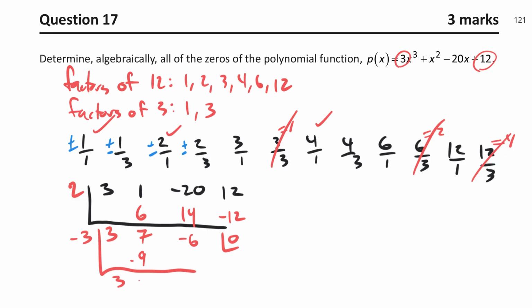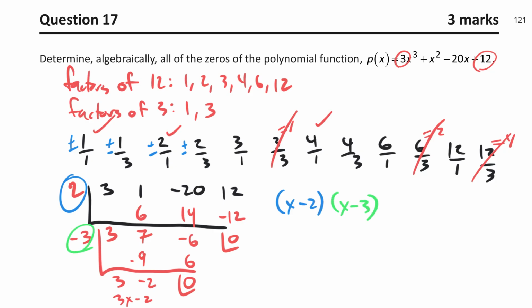And -2, 6, 0. Oh, nice. So that's good. And this is going to give me my final version here. This is 3x minus 2. So I'd have from the 2, x minus 2, from the -3, x minus 3. And then I have this final 3x minus 2.